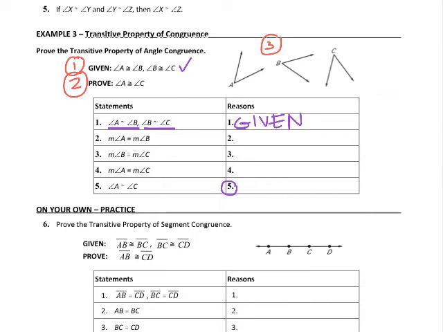All right, so in the first statement, we notice that there is a congruent symbol here and a congruent symbol here. But when you look at statement number 2, the measure of angle A is equal to the measure of angle B. So up here in statement 1, there was not an M, okay, and now we have an M here. There was not an M for the measure of angle B here, but now we have one here.